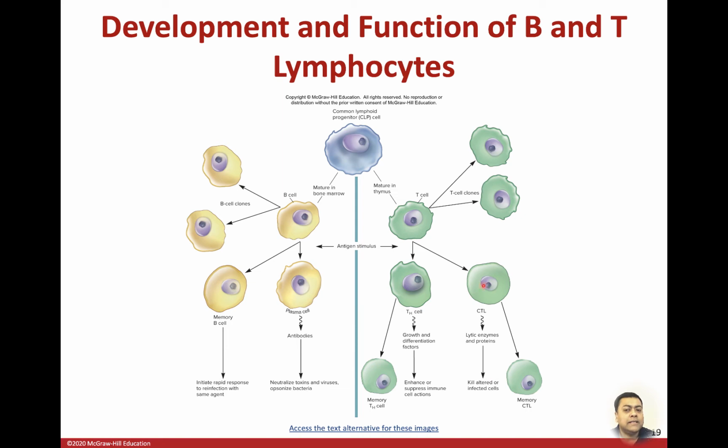So the cytotoxic T cell can kill them as well. Or an infected cell, as we talked about. And some of these cytotoxic T cells will become memory T cells. But to kill these particular cells of yours, it needs a stimulus from the helper cells. And we're going to talk about how this happens.